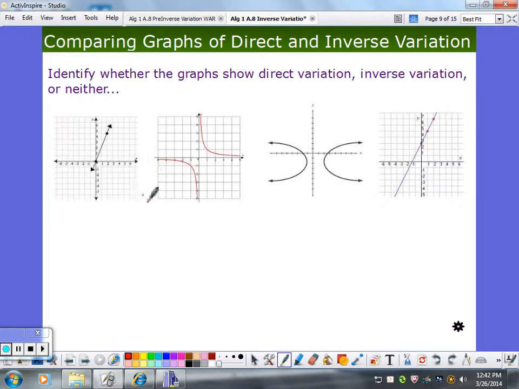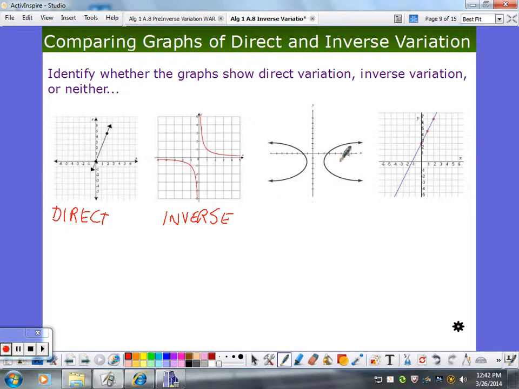Now, looking at these graphs, can I figure out if I'm looking at a direct, an inverse, or neither? I'm looking at this one here. It's a line that goes through the origin. What about this? Inverse. It's a hyperbola. Is it going to have a positive or negative k? Positive k, because of the quadrants. How about this one?